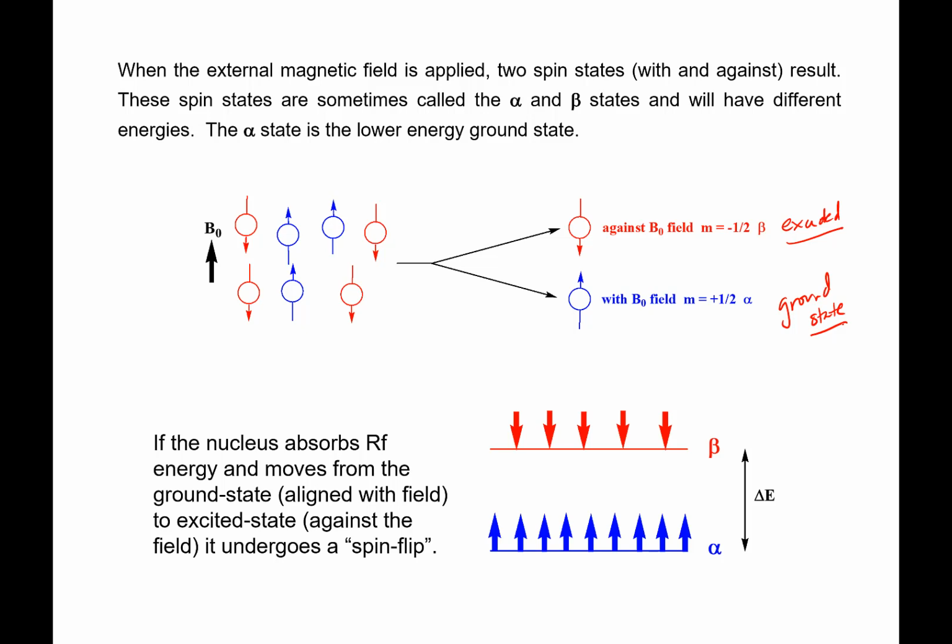And of course, like any ground state, excited state system, there is an exact energy between them. Not just about this much energy, it's going to take exactly this much energy. So it's quantized. If a nucleus absorbs energy, it pops up into the excited state.